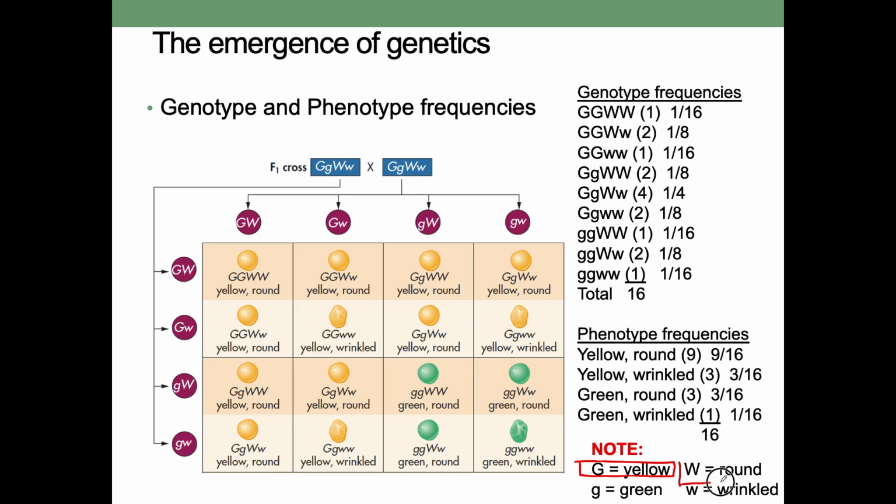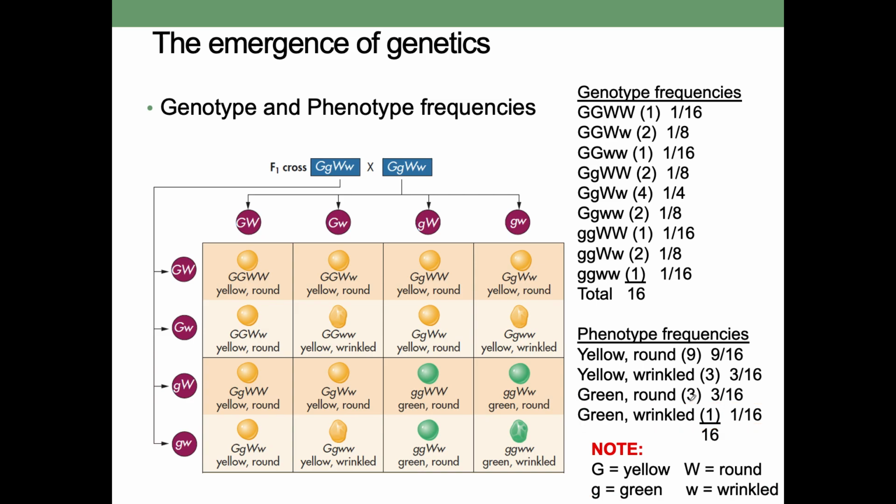And in terms of seed shape, the uppercase W, the round, is the dominant allele. Whereas the green seed color and the wrinkled seed shape are the recessive ones. And that's why to get offspring that are both green and wrinkled, it's going to be rare because they're both recessive alleles. So this phenotype will be the rarest of them all at 1 out of 16.